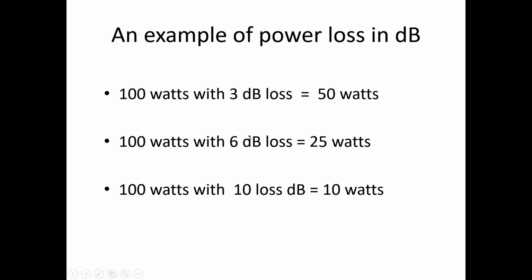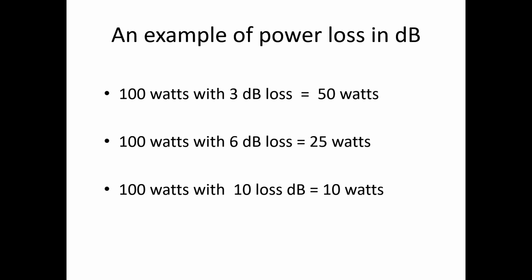Since I have 2 seconds left, how do you know what the dB is? Well, there are formulas for it, but a dB loss is approximately 20% for each dB. So if you have 100 watts and you have a 1 dB loss, that's a 20% loss, that's 80 watts. Now, if you have another dB loss, it's 20% of the 80, which is 16 watts coming off, bringing it down to 64.